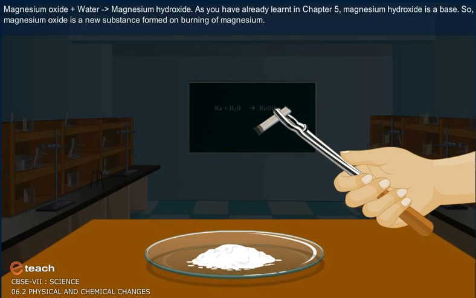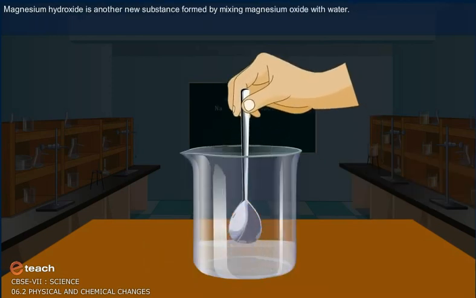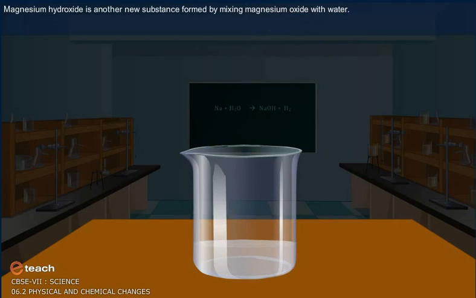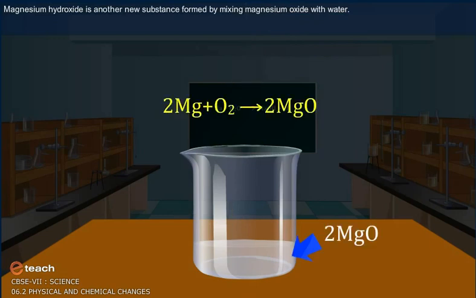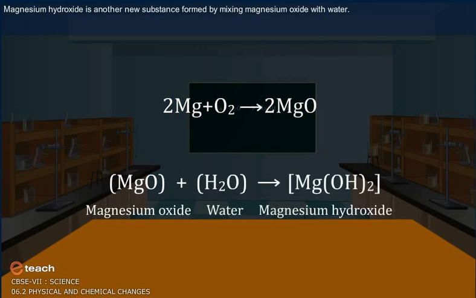So, magnesium oxide is a new substance formed on burning of magnesium. Magnesium hydroxide is another new substance formed by mixing magnesium oxide with water. MgO plus H2O gives Mg(OH)2.